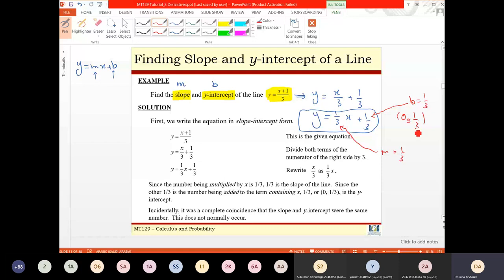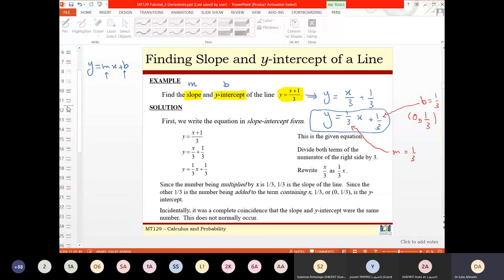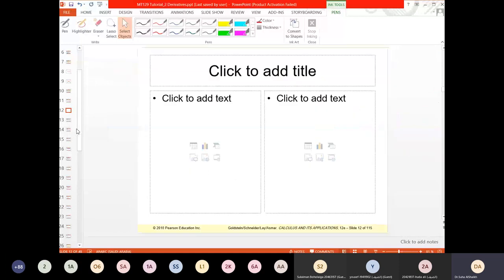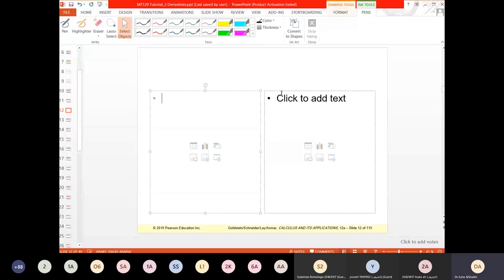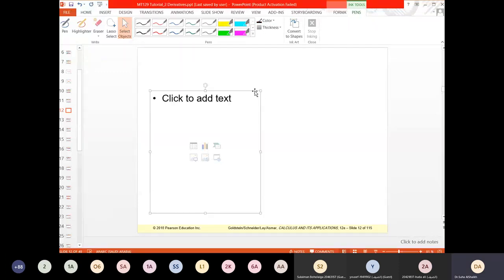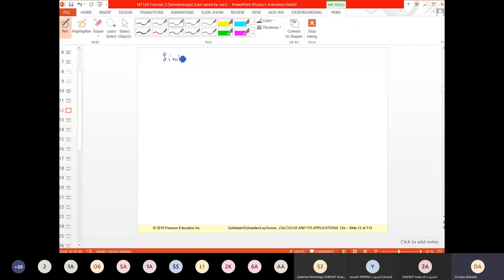Let me give one more example. One quick example in here. The example says, find the slope and the y-intercept for this line.